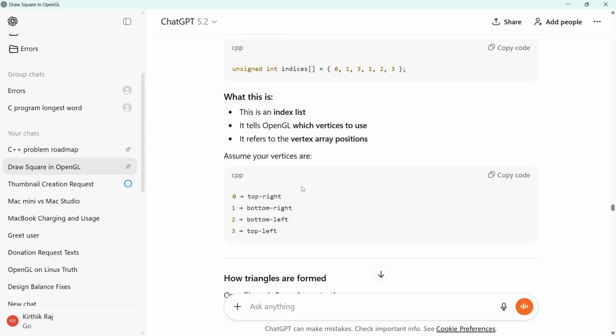0, 1, 3, and then again 1, 2, 3. 0 means top right, 1 means bottom right, 2 means bottom left, and 3 means top left.